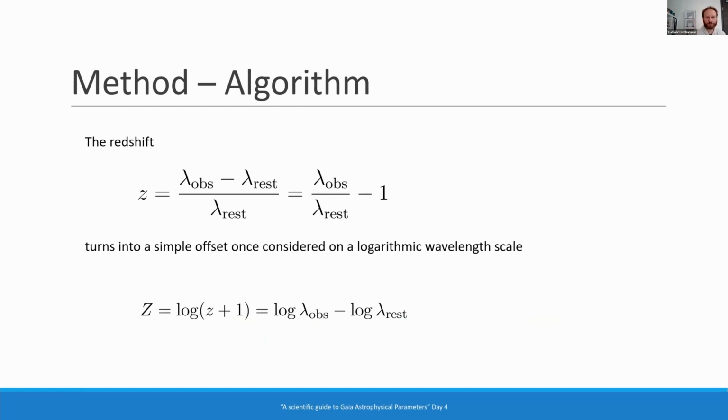QSOC is based on the simple idea that the redshift, the relation between the observed and rest-frame wavelengths of a given spectral feature, turns into a simple offset if we consider it on a logarithmic scale. So notice here, the redshift will be a lowercase z, and the logarithmic redshift, this formula actually, will be the uppercase Z in the rest of this presentation.